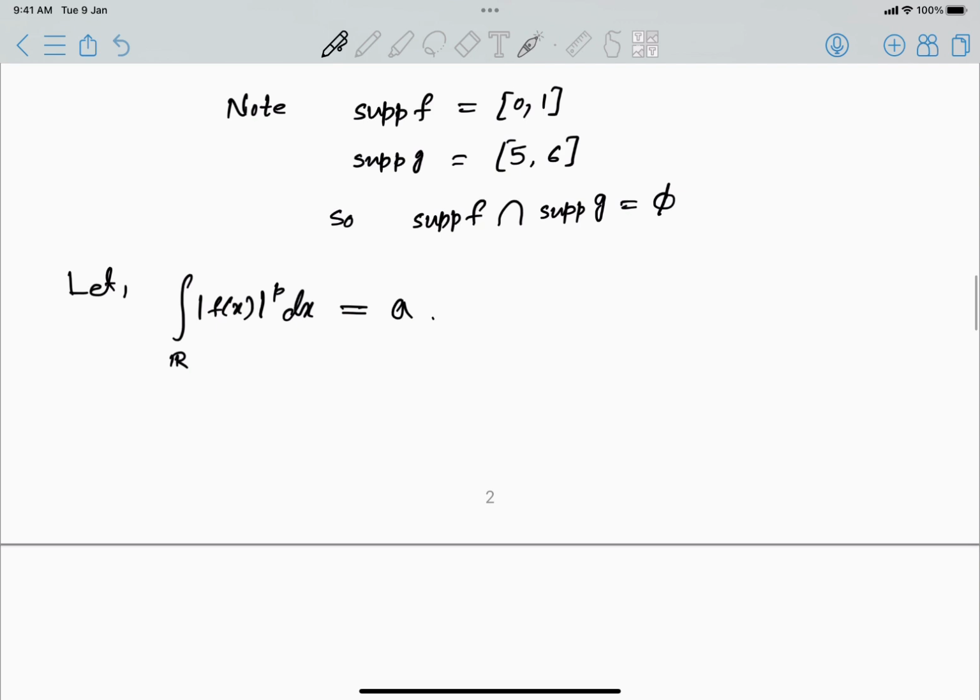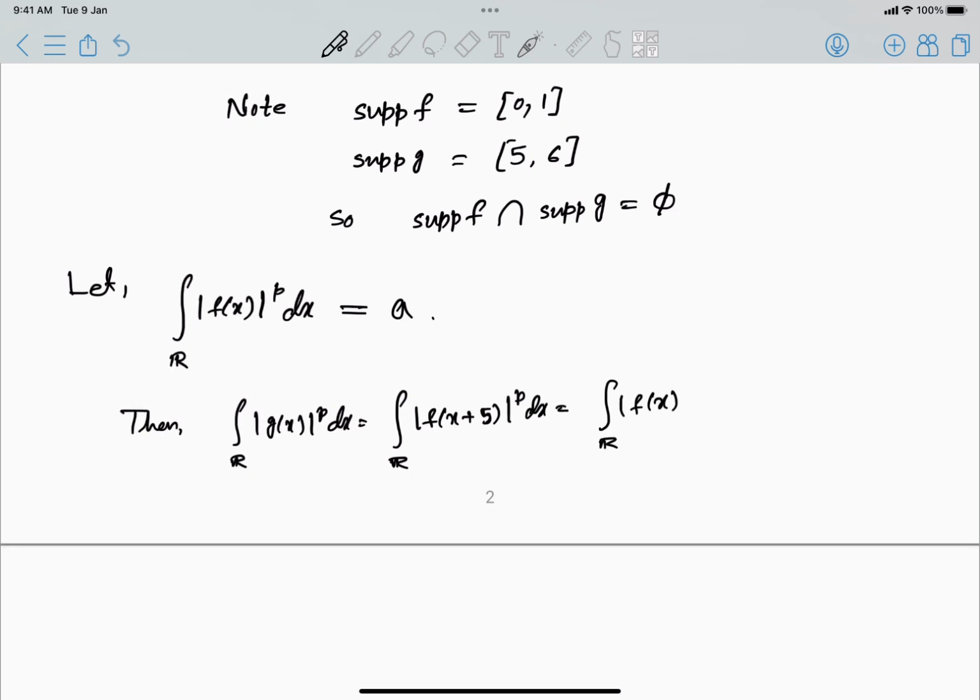Then what will be the integral of g? This is just the translation of f by 5. Because Lebesgue measure is translation invariant, you can change the variable x goes to x minus 5, and then you will get basically the integral of f.